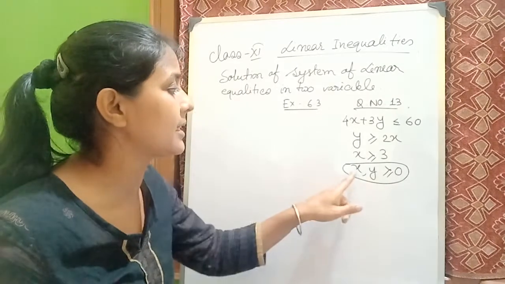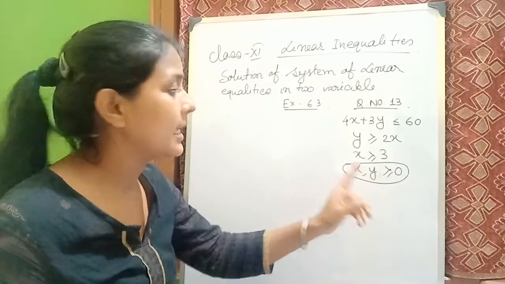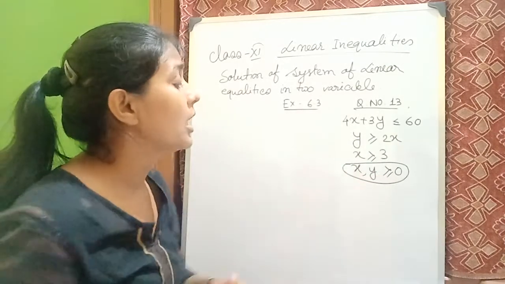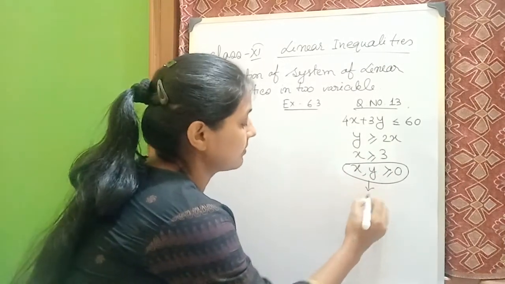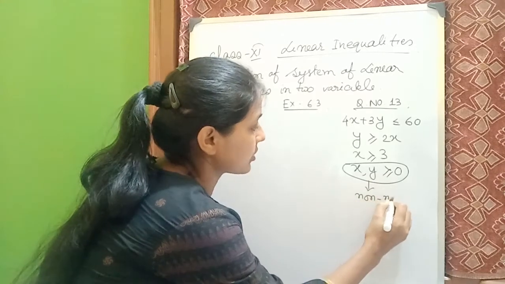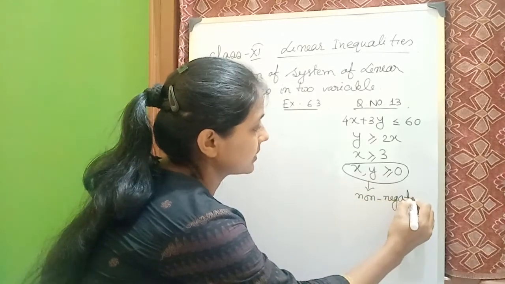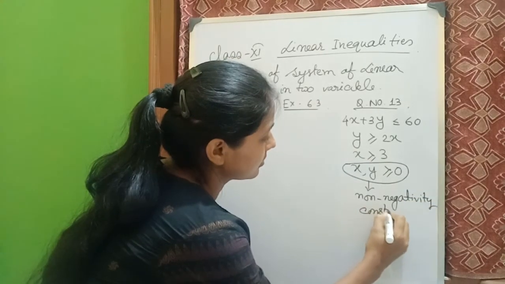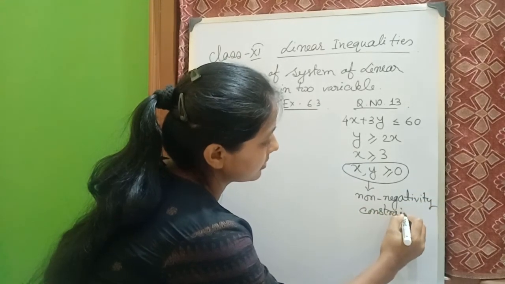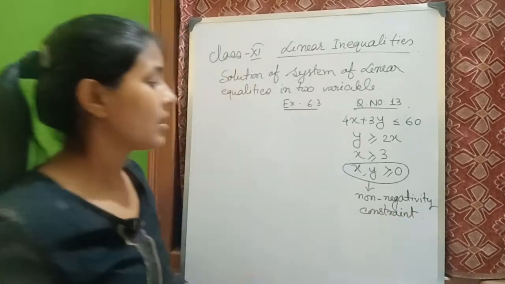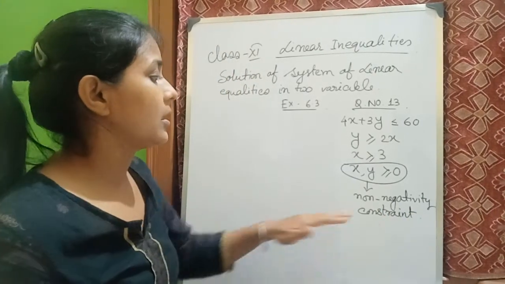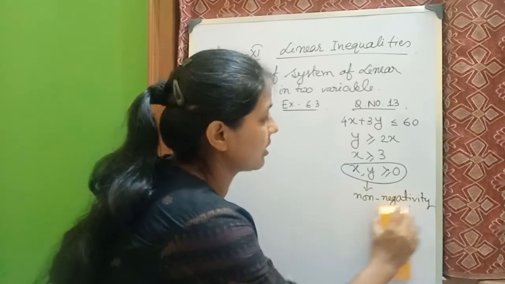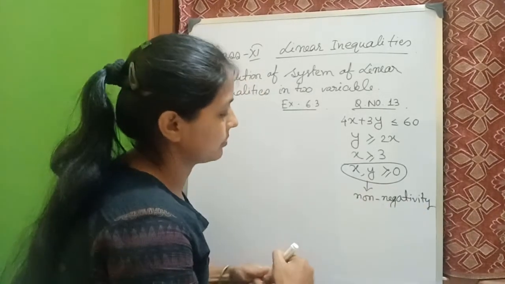That means x and y can't be negative; they can be 0 or positive. In place of constraint, you can write condition also.